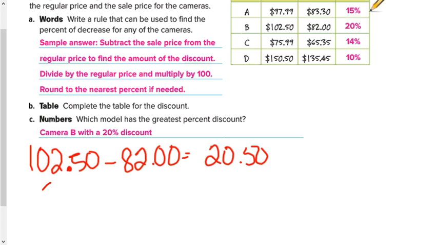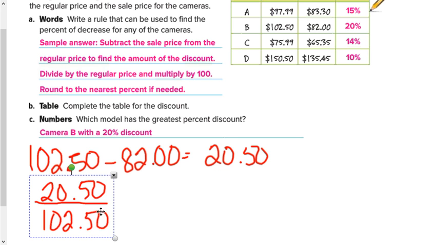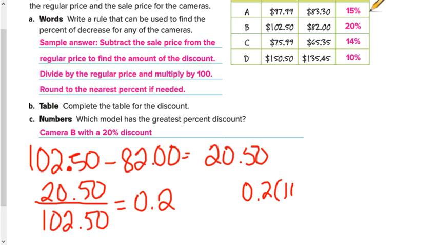So we're going to take our $20.50, divide it by our original price, and that is going to equal 0.2. Okay, that was a pretty nice and easy number. We're going to multiply that times 100, so 0.2 times 100. That's going to give us our 20%. So that's how we got 20% up here.